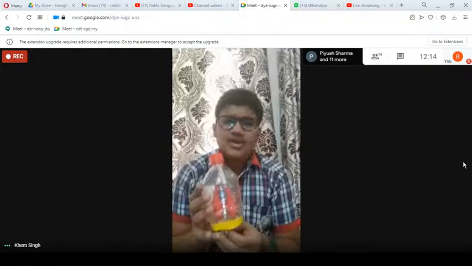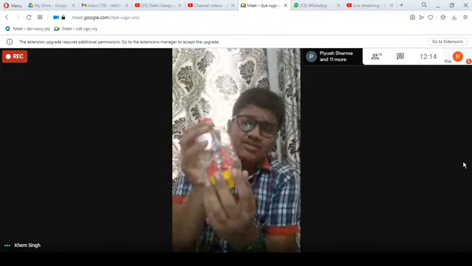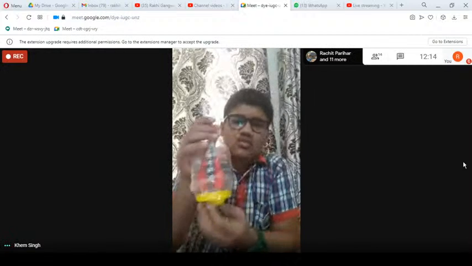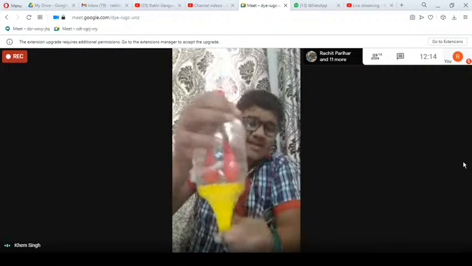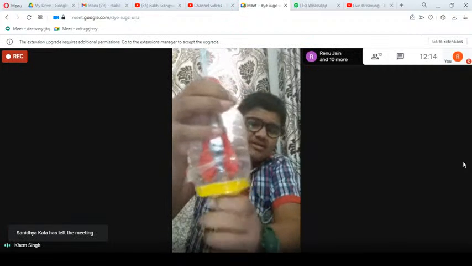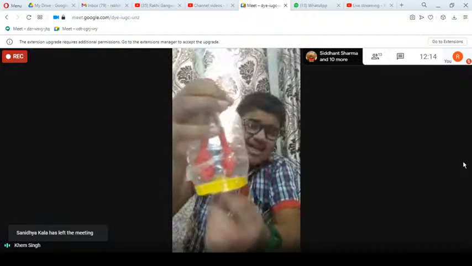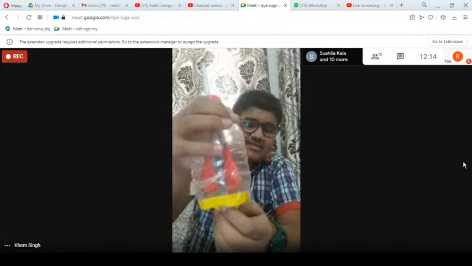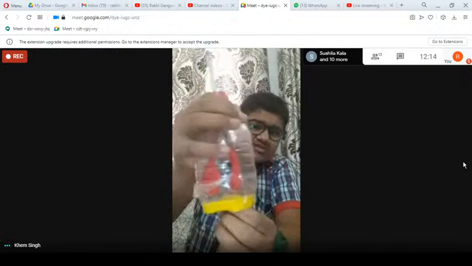Now, as I am considering this as the diaphragm and these two as lungs, when the diaphragm contracts, the lungs relax. As you can see, when the diaphragm is at the relaxed position, the lungs are at the contracted position. When the diaphragm is at the contracted position, the lungs are at the relaxed position.